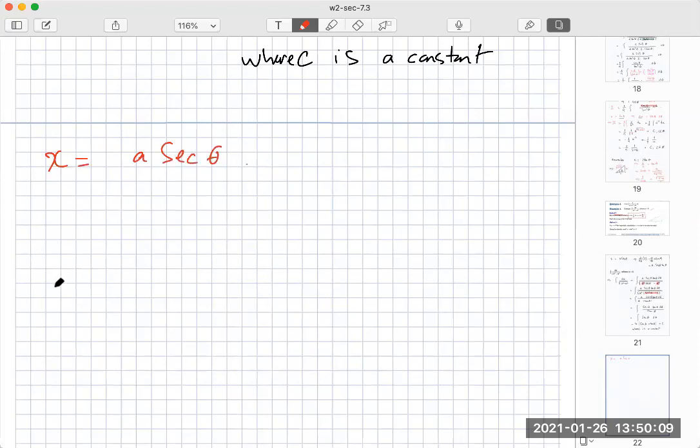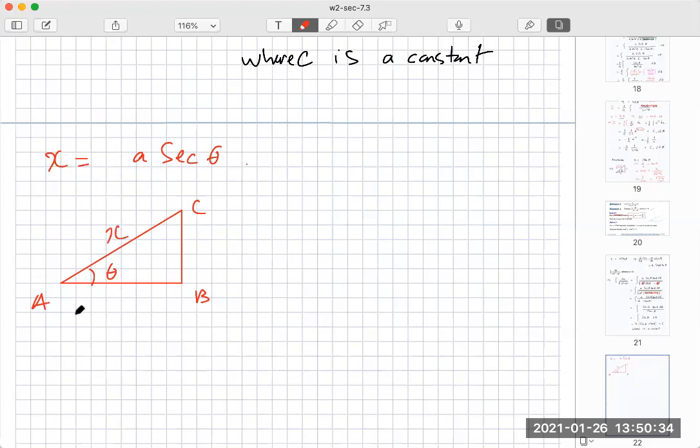Suppose the triangle is like this. A, B, C, for example, like this. This is the angle theta. So what if this is x?